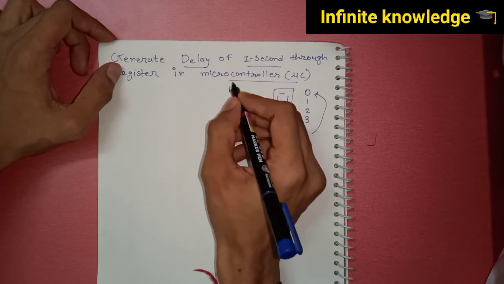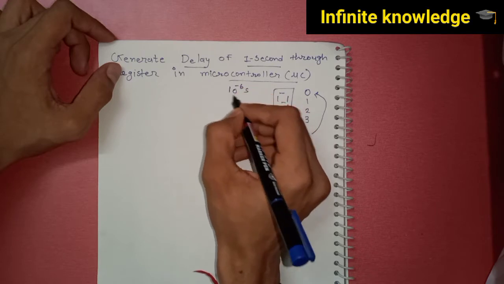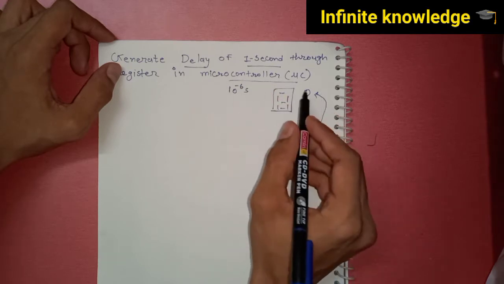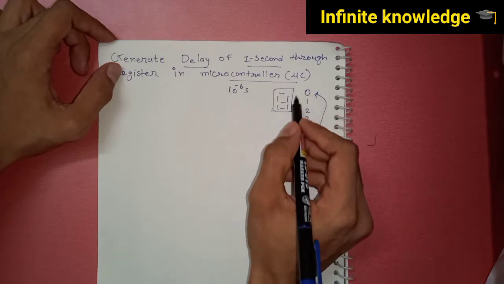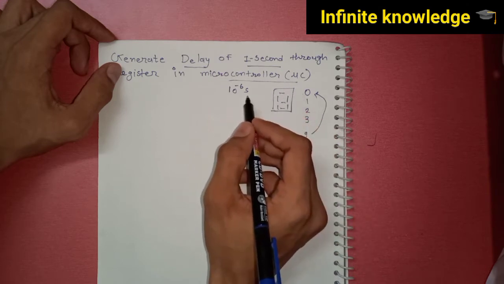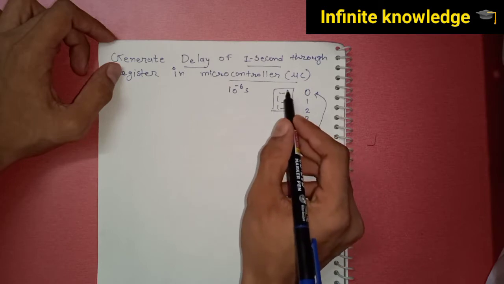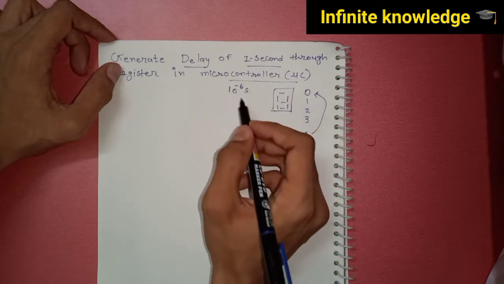One instruction can be executed in 10 raised to minus 6 second, which is very fast. It means 0 is on the 7 segment display for 10 raised to minus 6 second, and then 1 is on the display for 10 raised to minus 6 second.